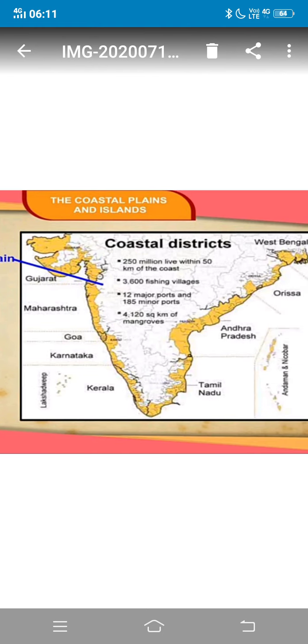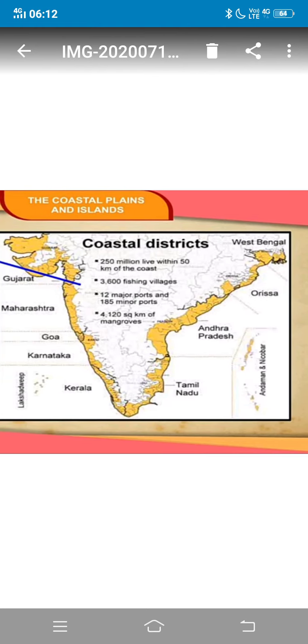Andaman and Nicobar Islands lie in the east in the Bay of Bengal and Lakshadweep Islands lie in the Arabian Sea towards the western side of India. Both are union territories. As you studied last year, union territories are governed by the central government.